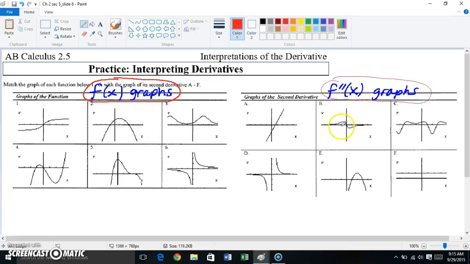All right, so A through F over here on the right is going to be matched to 1, 2, 3, 4, 5, 6 on the left. Okay, so remember, what does the second derivative tell us about our graph? If f double prime is greater than 0, our graph has to be concave up. And if f double prime is less than 0, our graph has to be concave down.